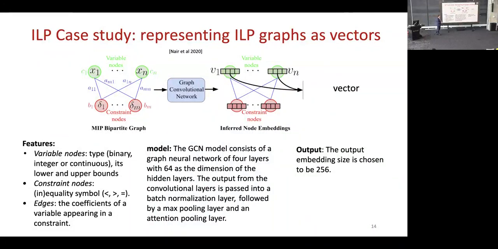You run your GCN, and at the end of the day, you're going to have an embedding vector for each node in that bipartite graph. In our case, we just average all of those at the end. So it's just a vector of 256 numbers that represents the embedding for this graph or this ILP instance. So that's how we translate an ILP model into a vector.